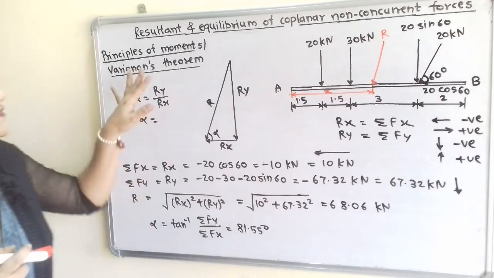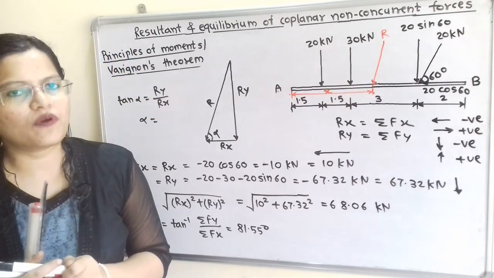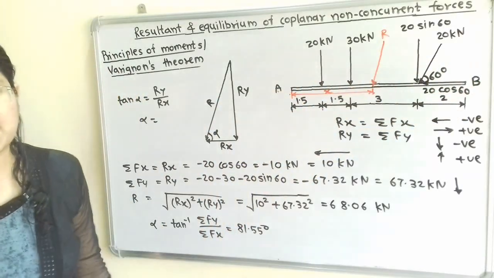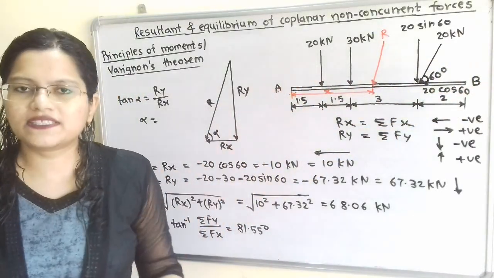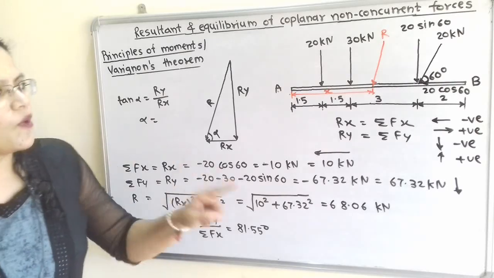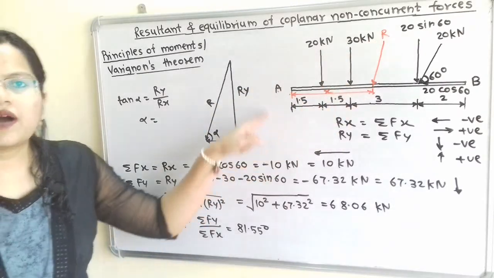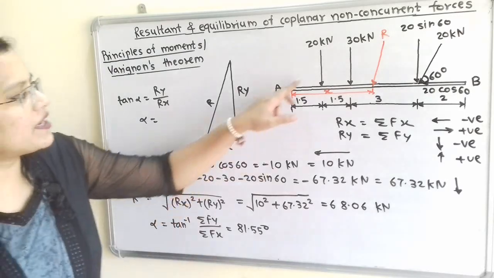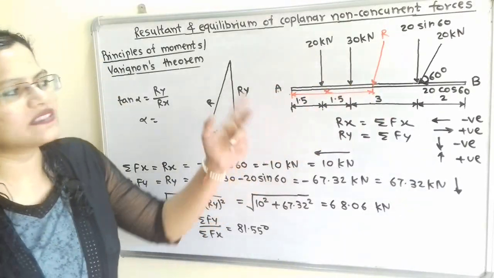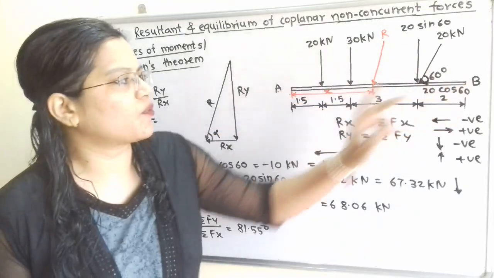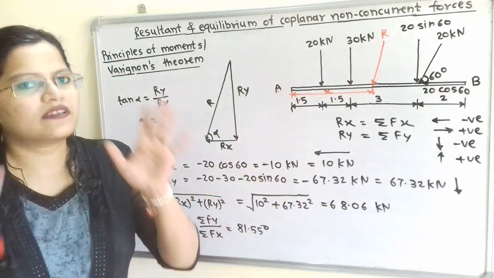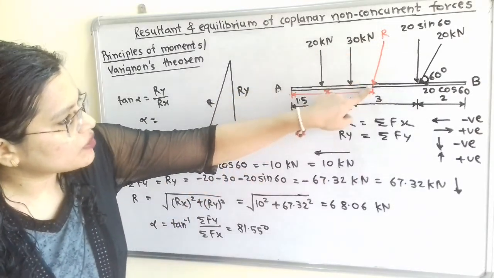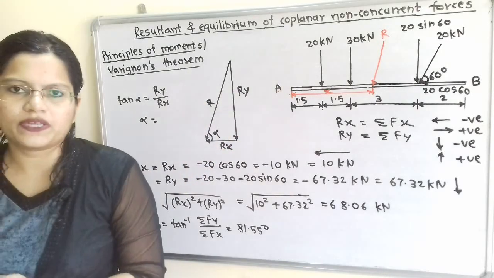According to Varignon's theorem or principle of moments, the moment of all these forces acting on a system about a moment center is equal to the moment of the resultant about the same moment center. So we have to show that the moment of all forces about any one center, so we can take here a point A or point B, is equal to the moment of their resultant. So this is the resultant, moment of the resultant about the same moment center.